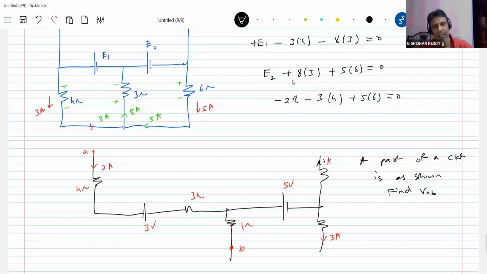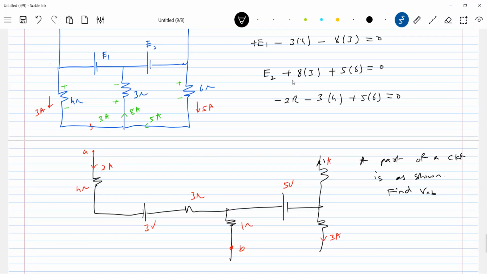It's a very big circuit, and in that, I'm showing a part of it here. Check the potential difference once.